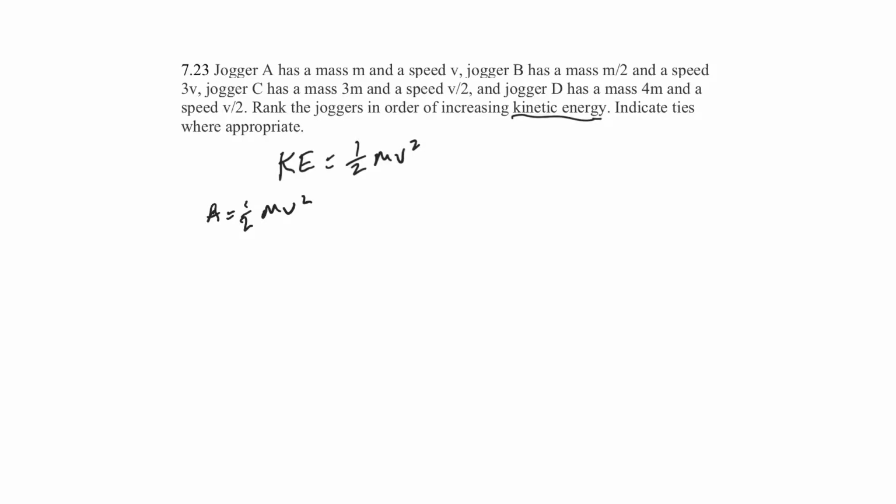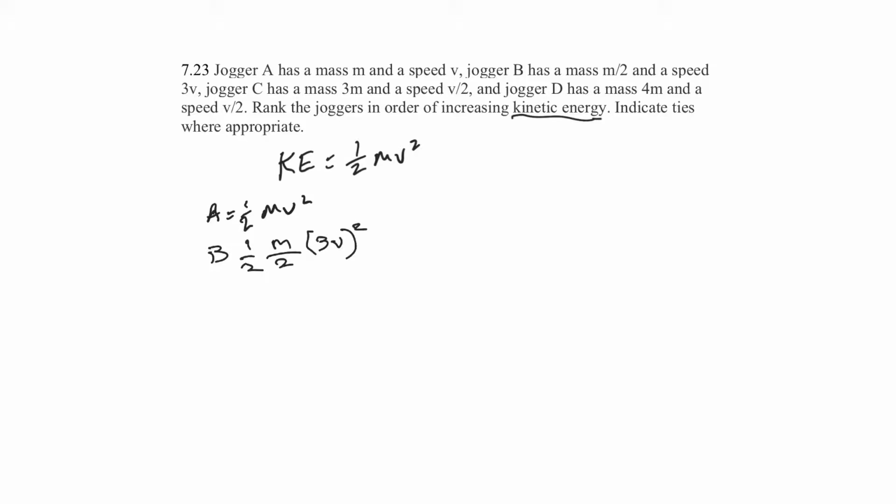Jogger B has a half of a mass and a speed of 3v. So we're going to have to say 1/2 times m over 2, so that's a half of a mass, times 3v squared.